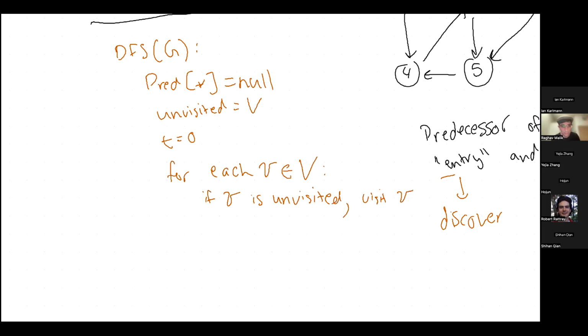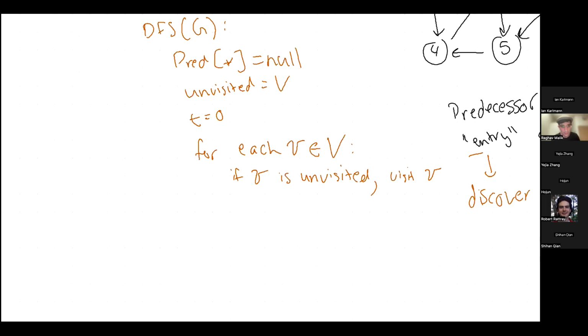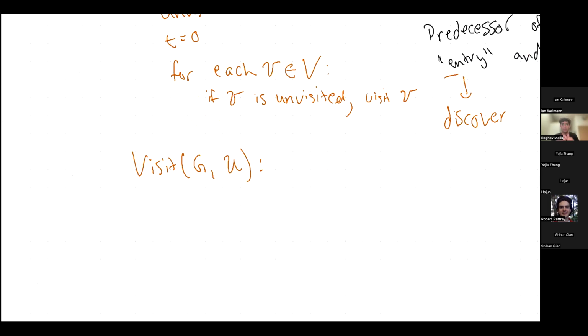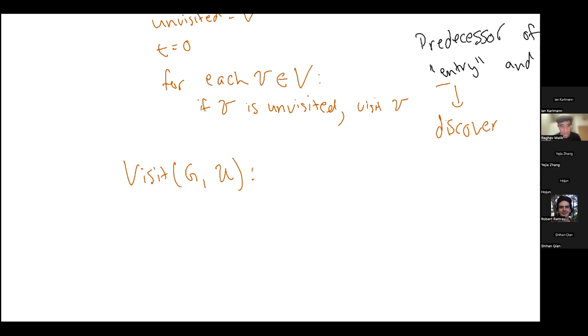And now we can talk about what it means to visit a vertex, right? I start by noting that I'm taking a step, so I increment time: t plus equals 1. And then, because I'm guaranteed that I'm only visiting a vertex that I haven't seen yet, this must be the time that I've discovered it.